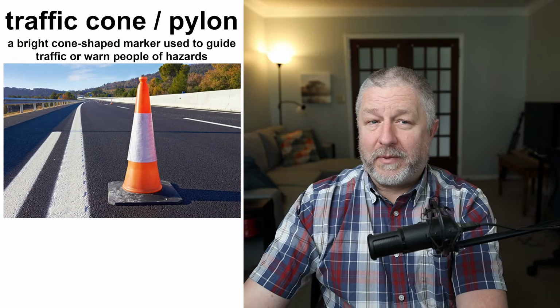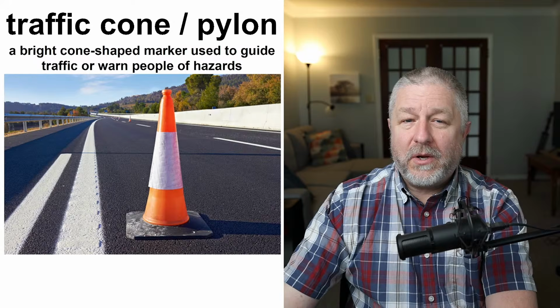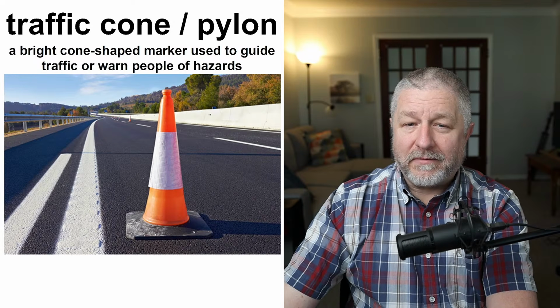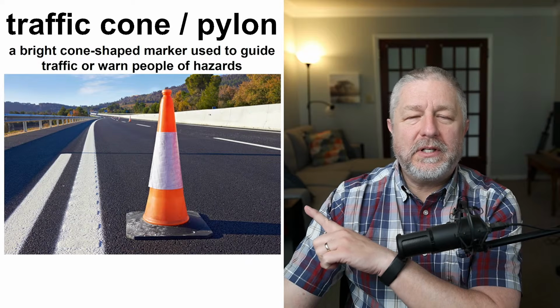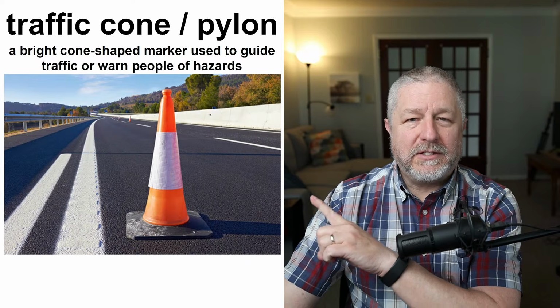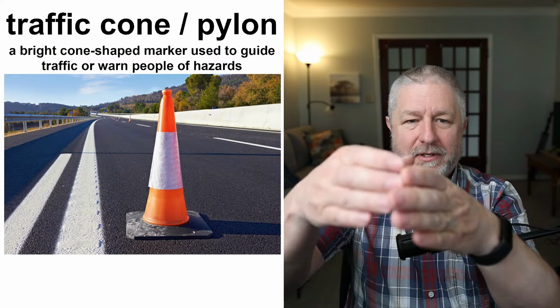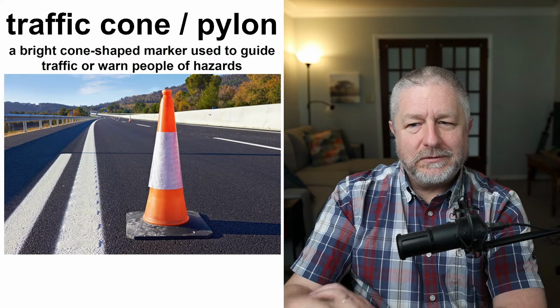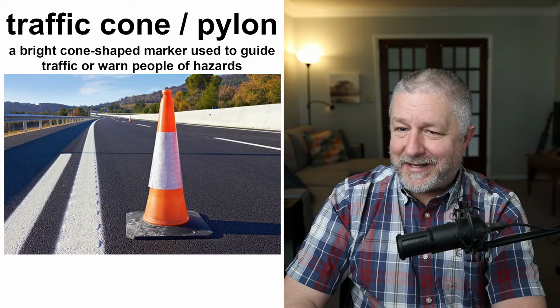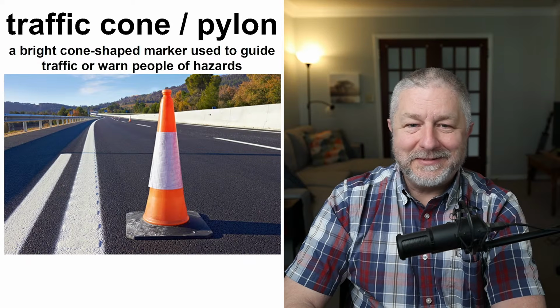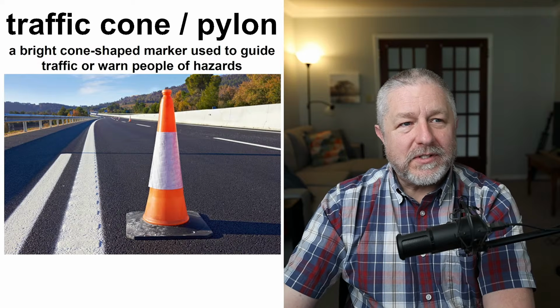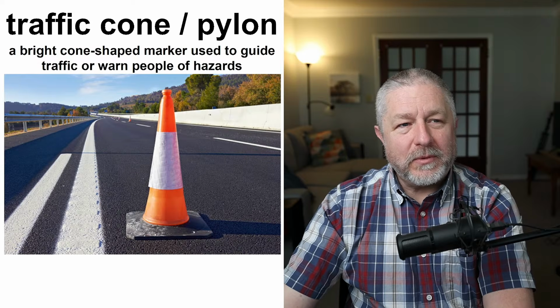Traffic cone or pylon. A bright cone-shaped marker used to guide traffic or warn people of hazards. So this is a pretty standard pylon. It's orange, it's tapered. So it's like an upside down ice cream cone. It's a really large plastic upside down ice cream cone. That's kind of what it looks like. I wonder which came first, the pylon or the ice cream cone.